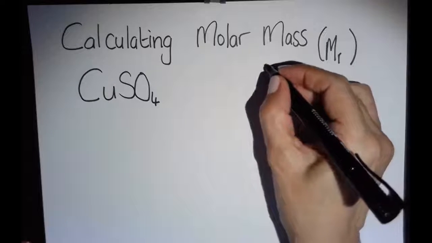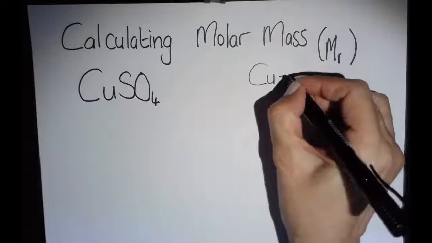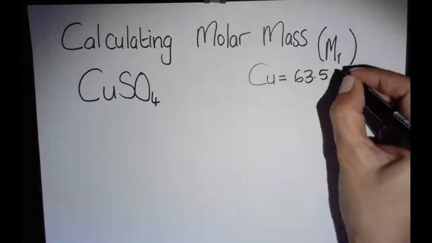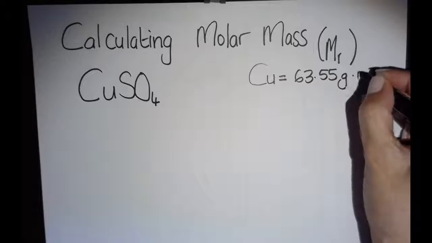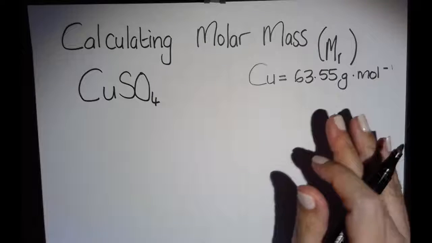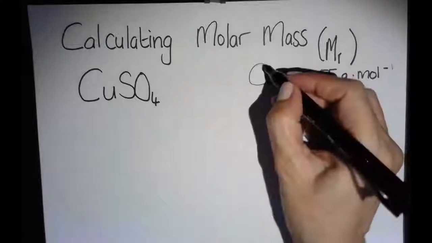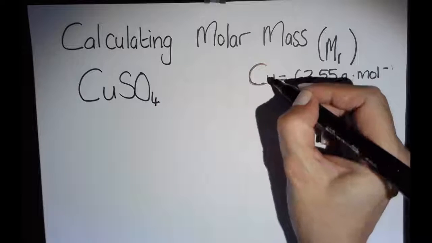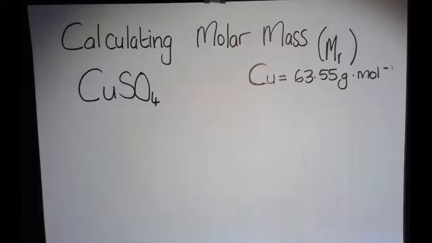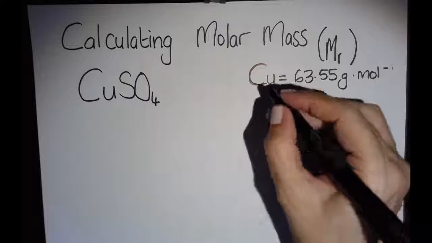We see that when we go to the periodic table, copper has a molar mass of 63.55 grams per mole, because the periodic table tells you how many grams of copper you will find in 1 mole of copper. And that's the same for every element on the periodic table. The value given is the mass for 1 mole of that substance.